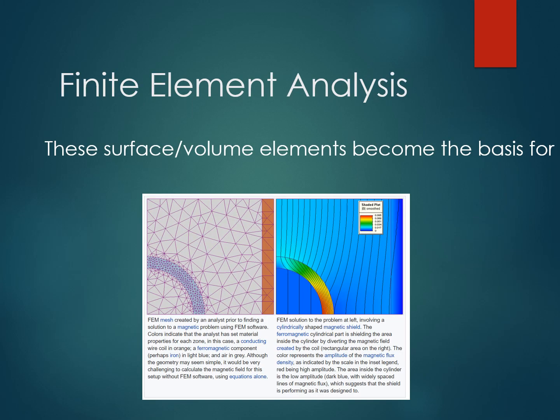Here we see a real-world example of finite element analysis. On the left-hand side, you're looking at a two-dimensional mesh of first a copper wire here in gold, as well as something we call a choke or an inductor here that prevents magnetic fields from passing through it.